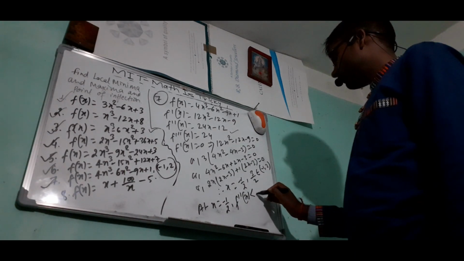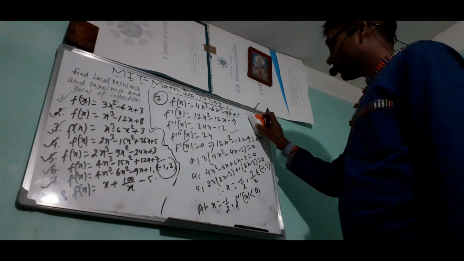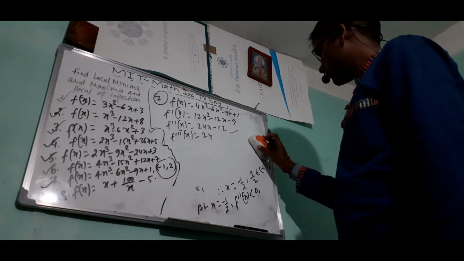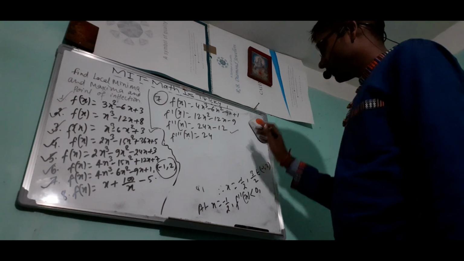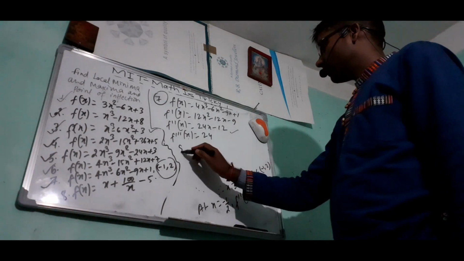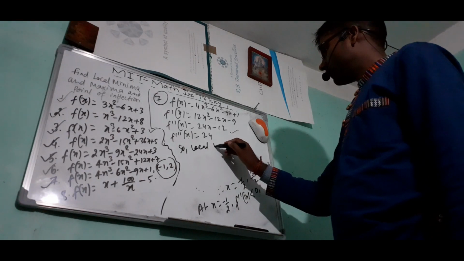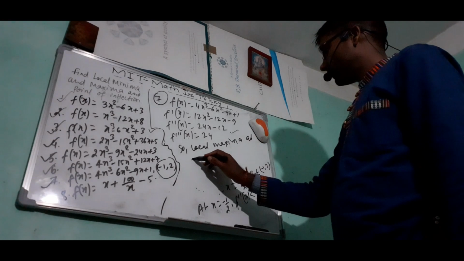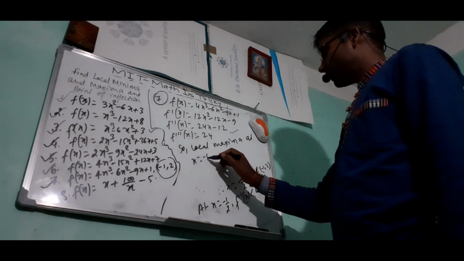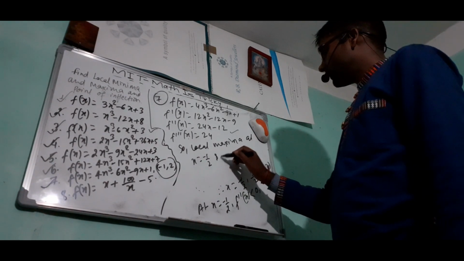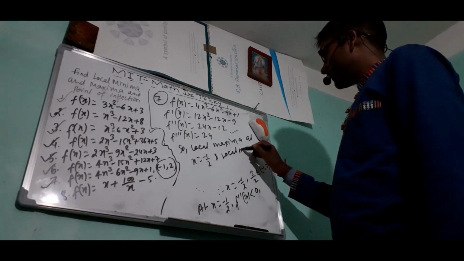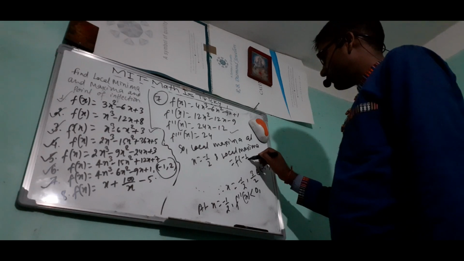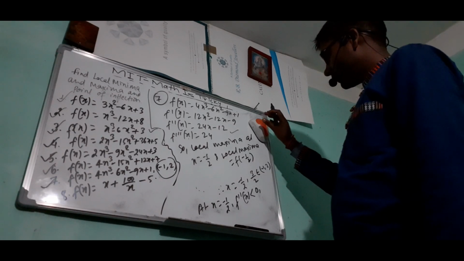So there is a local maxima at x equals minus 1/2, and the local maxima equals f of minus 1/2. You find its value by yourself.